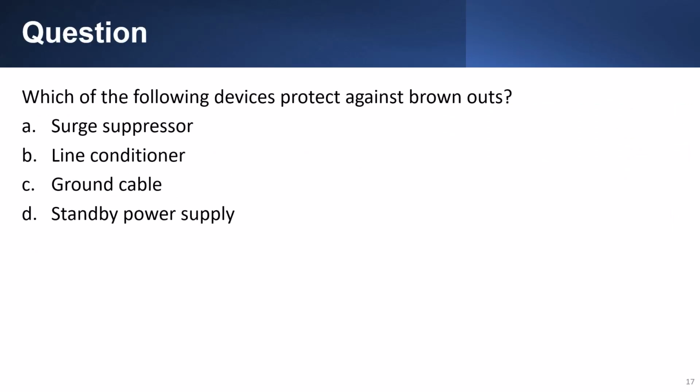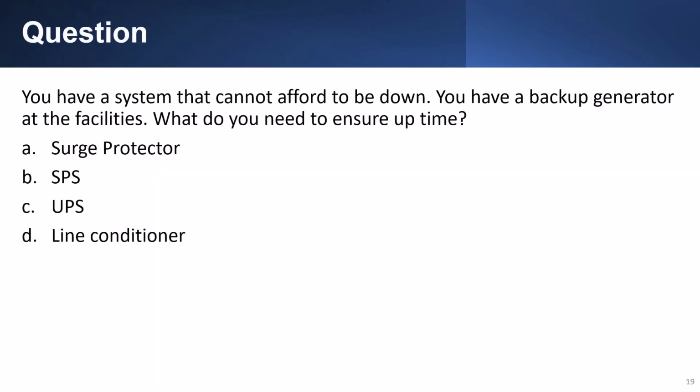Question: which of the following devices protect against brownouts? Answer: line conditioner. Question: you have a system that cannot afford to be down. You have a backup generator at the facilities. What do you need to ensure uptime?